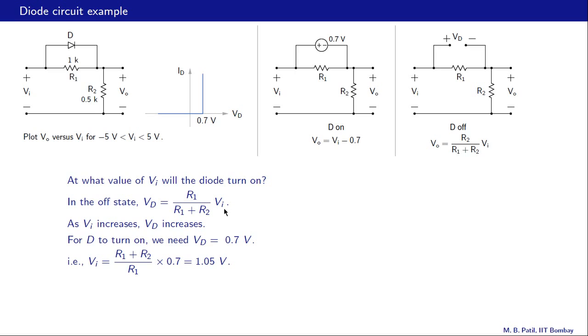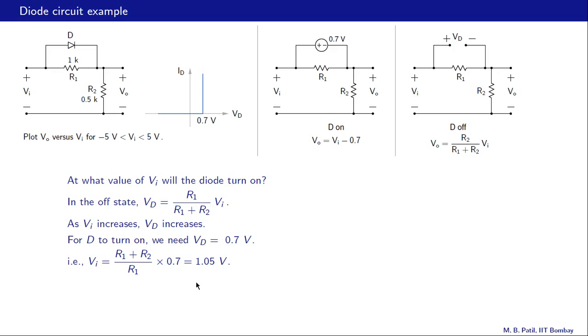So we put this equal to 0.7 volts, and that gives us the condition for Vi at which the diode will turn on, and that is given by this expression here. When we substitute values for R1 and R2, we get Vi equal to 1.05 volts. So if Vi is 1.05 volts or greater, then the diode conducts, otherwise it does not conduct.